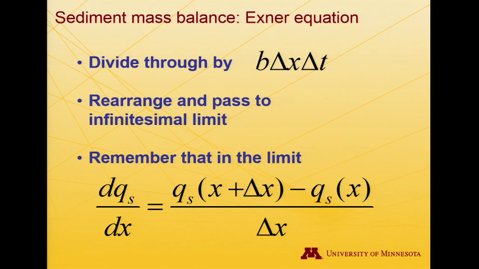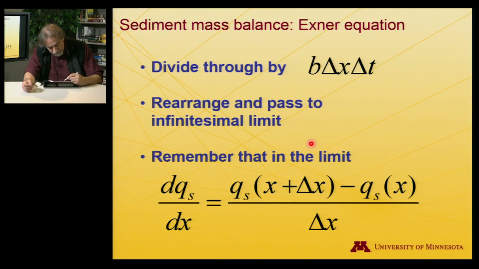So now we're just going to do a little bit of algebra. We're going to divide through by the width of the box B multiplied by delta X multiplied by delta T, and this is just to get us from an awkward-looking equation into something that we can write and understand in terms of calculus. We're going to rearrange the terms and, as usual, pass to the infinitesimal limit when delta x and delta t are replaced by dx and dt. And we're going to remember the definition of the derivative, which is that, in this case, the derivative we're interested in is the spatial gradient in x of the sediment flux qs.